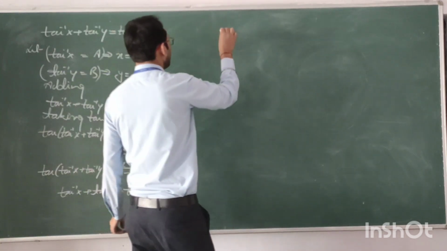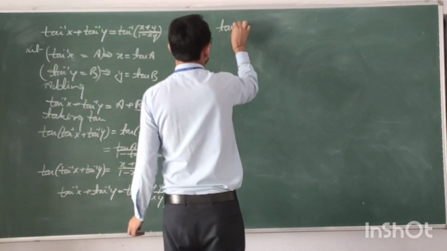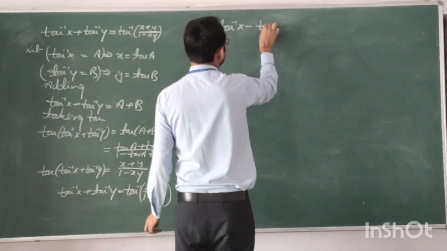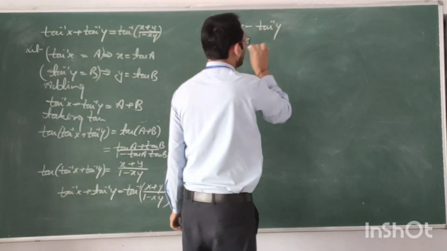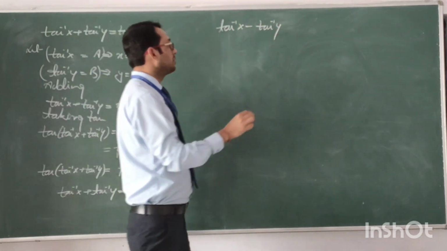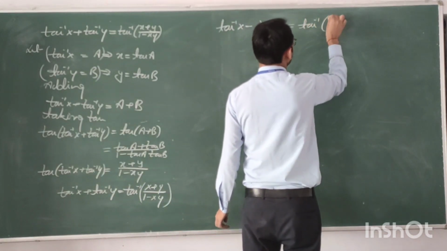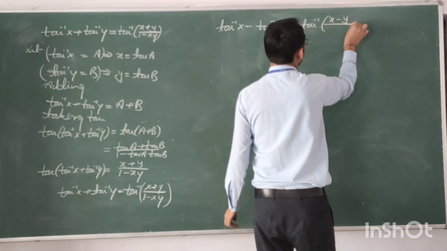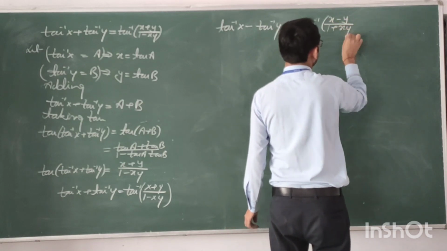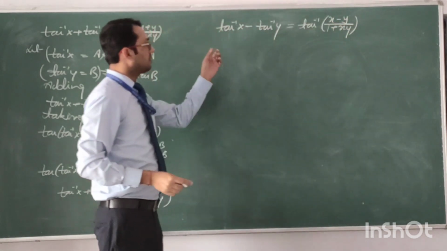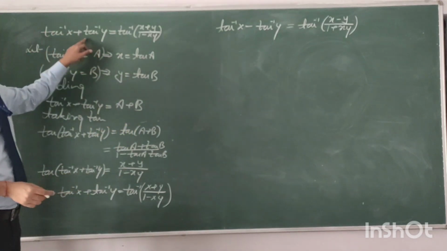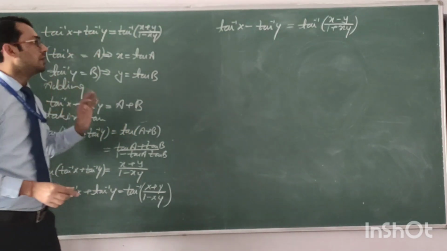Same way, if I am going for tan inverse x minus tan inverse y, then what we could do, it will be tan inverse of x minus y upon 1 plus xy. That is tan inverse x minus tan inverse y and tan inverse x plus tan inverse y.